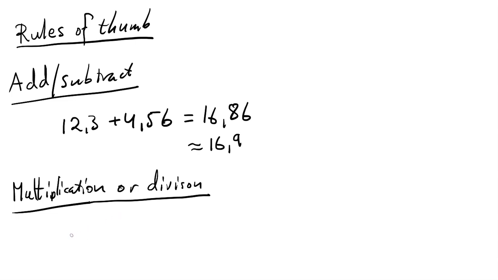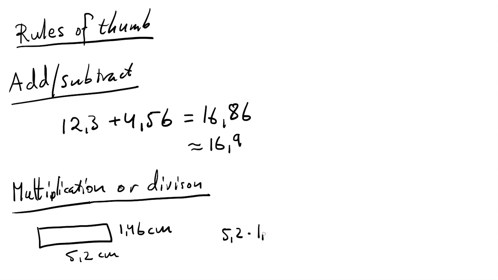So let's say that you measure the width of a rectangle. It has a width of 5.2 centimeters and a height of 1.46 centimeters. What is the area? It is of course 5.2 times 1.46 square centimeters.